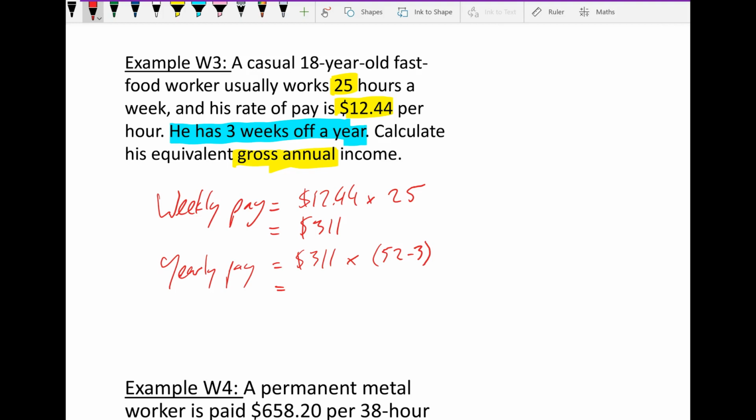Okay, so 311 times 49 is $15,239. Therefore, his gross annual income is $15,239. Okay.